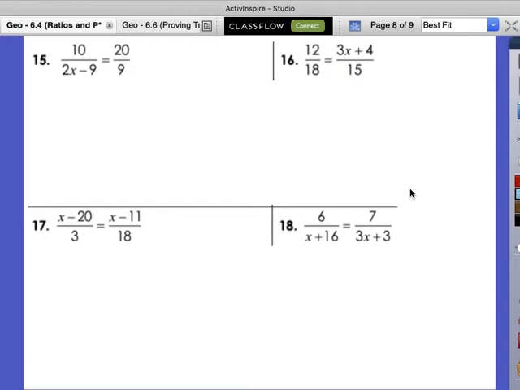Imagine looking at. Am I supposed to do that? What the heck?